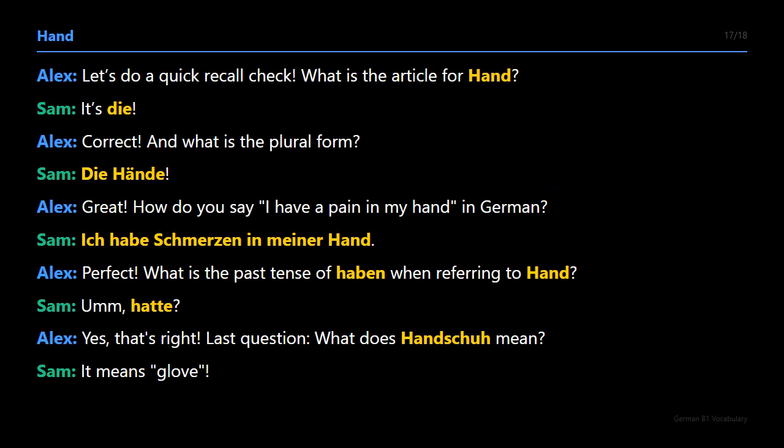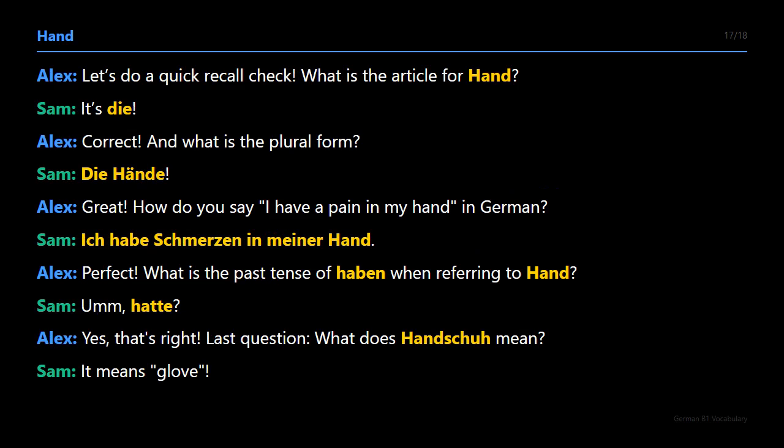Let's do a quick recall check. What is the article for Hand? It's Die. Correct. And what is the plural form? Die Hände. Great. How do you say I have a pain in my hand in German? Ich habe Schmerzen in meiner Hand.